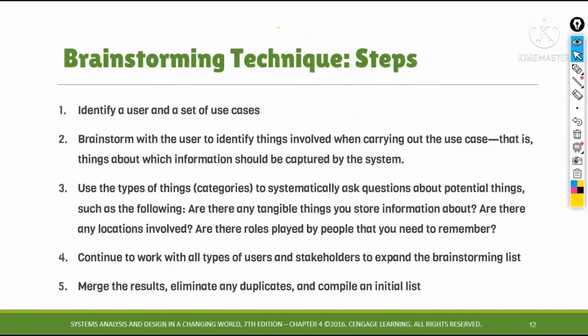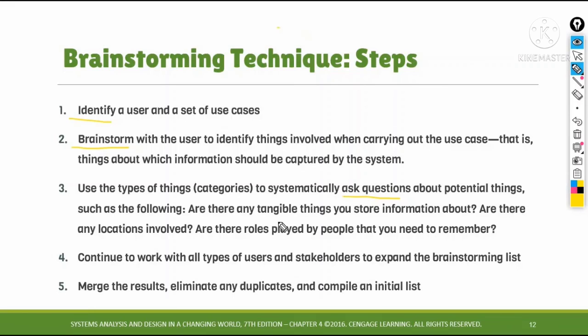That is, things about which information should be captured by the system. And third, use the types of things or categories to systematically ask questions about potential things, such as the following.